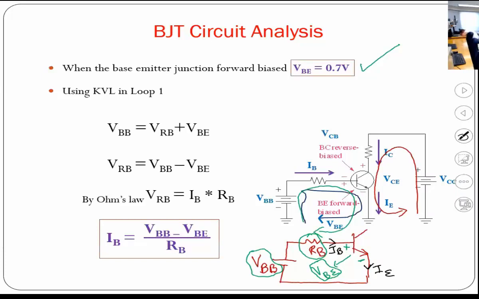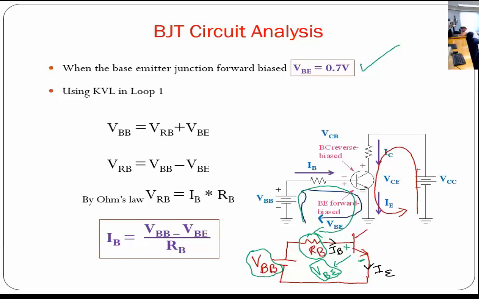Then it's a voltage on the base resistor. So the VBE value, remember, the base emitter junction has to be forward biased. So VBE is approximately assumed to be 0.7 volts, like in the diode forward bias.